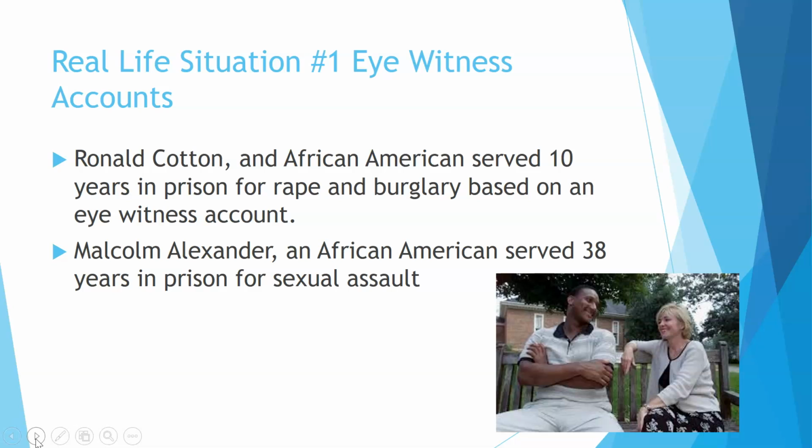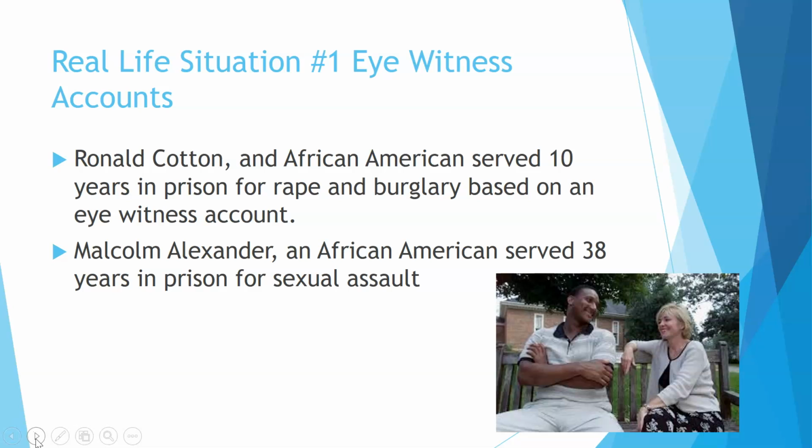This photograph is of Ronald Cotton and the woman who accused him of raping her. He was sentenced solely on her eyewitness account, and he was there for 10 years before the science of DNA came around and he was released. They discovered it wasn't him, and they found out who it actually was. So he was in prison for 10 years for something he didn't commit.